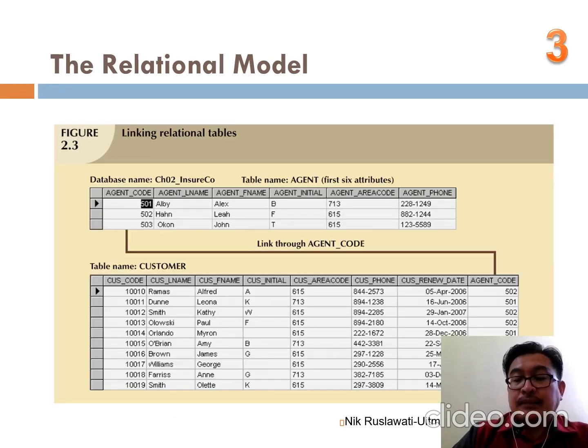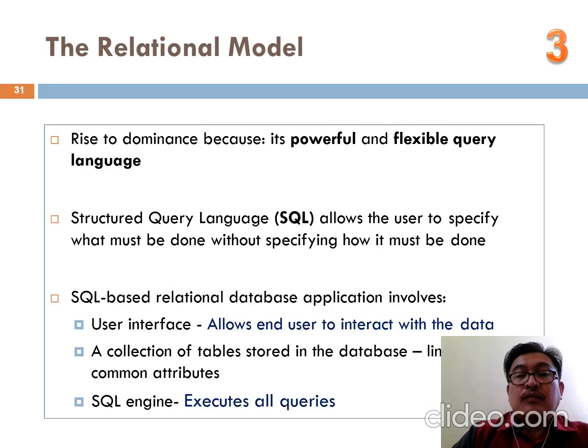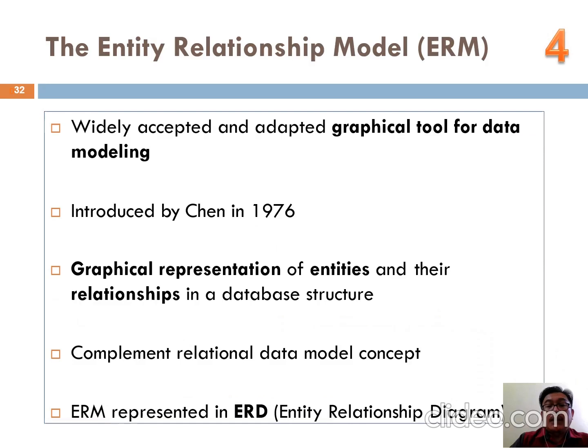The relational model starts by using tables, and in this course, we will be looking at the entity relationship model, ERM, which we also refer to as ERD, entity relationship diagram.